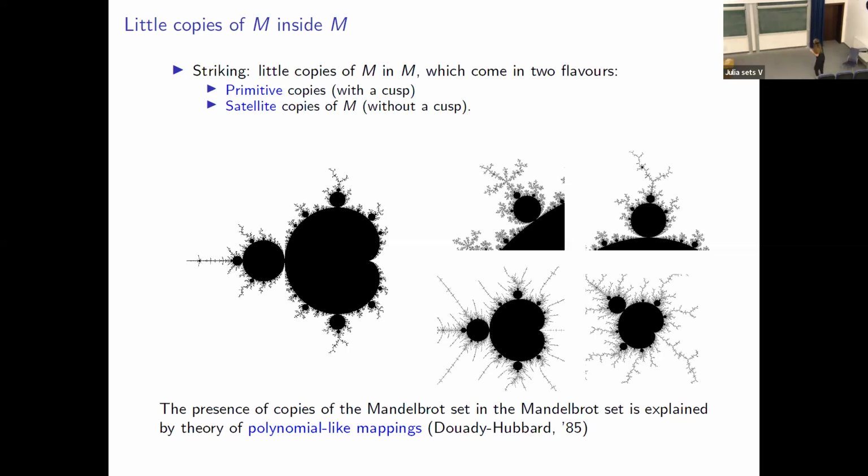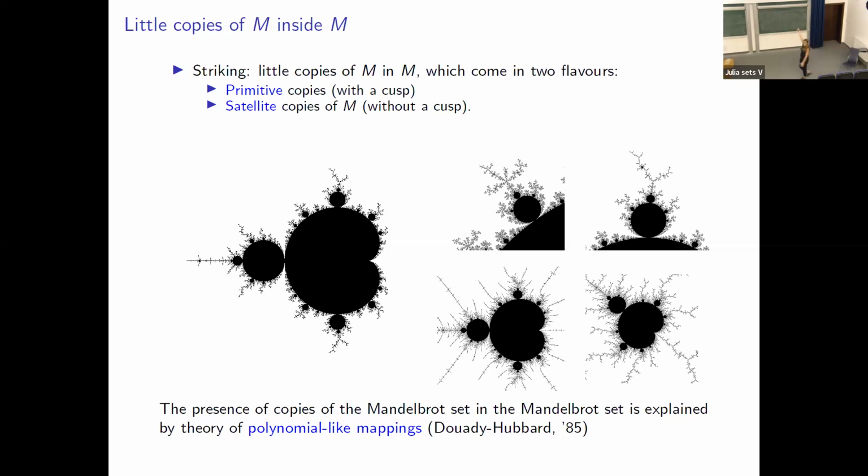For example, if this is a zoom here, you can see that this looks like the whole Mandelbrot set, just here is smooth, the Mandelbrot set here has a cusp, and here it's a zoom here. And you can see that this guy looks exactly like the Mandelbrot set. This lives here up, and this lives here.